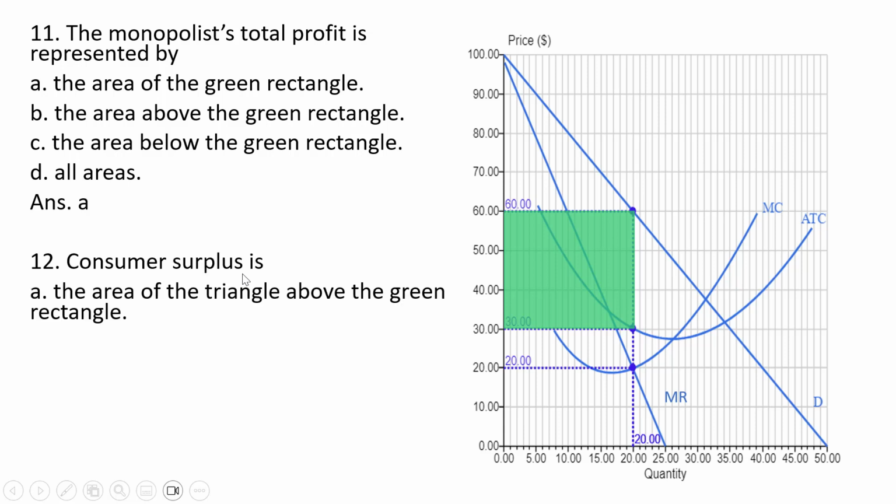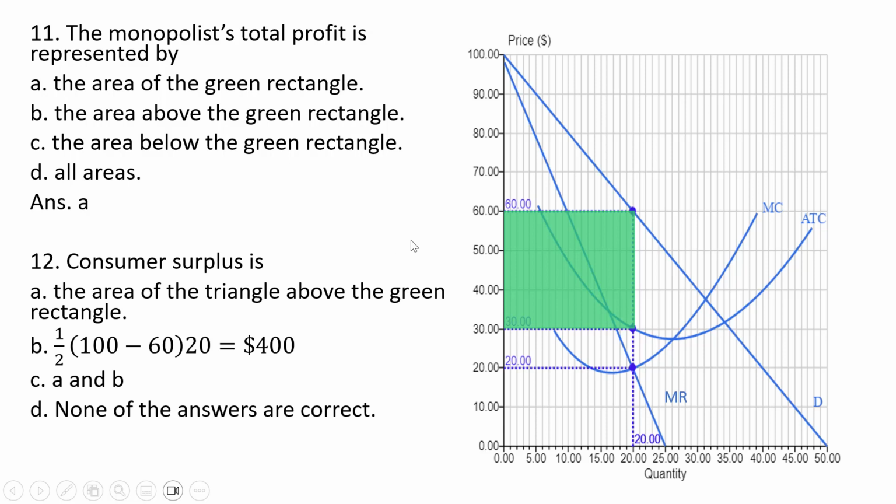Consumer surplus is, as I mentioned before, the area above the green rectangle. So it's going to be this triangle right here. And the dimensions of that triangle are going to be 100 minus 60 or 40, and then 20 minus 0 or 20. So to calculate the area of the triangle, we're going to do 1/2 base times height.